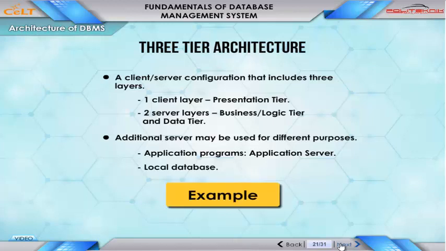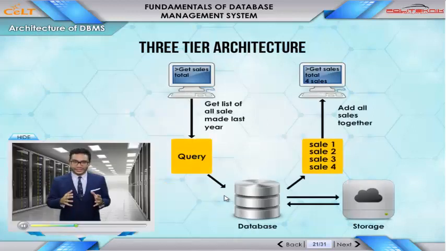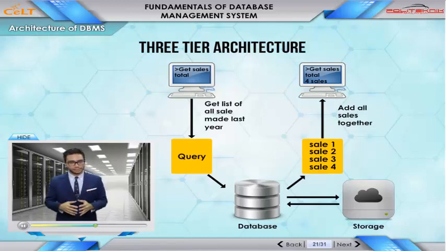Click the button to look at the example of three-tier architecture. The figure is an example of three-tier architecture. As you can see in the three-tier architecture, there are two server layers, business logic tier and data tier, and one client layer, presentation tier.